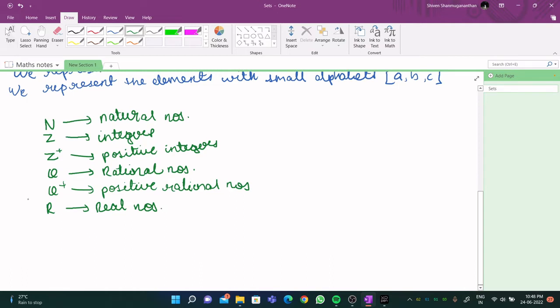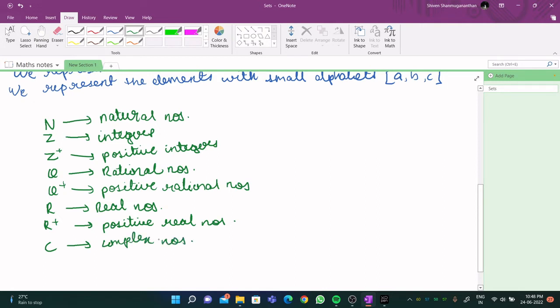Then we will have R plus again. Well, this is pretty obvious. This will be positive real numbers. And then we have C, which represents a set of all complex numbers.